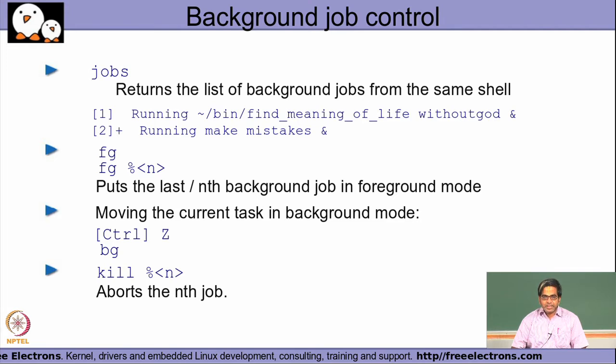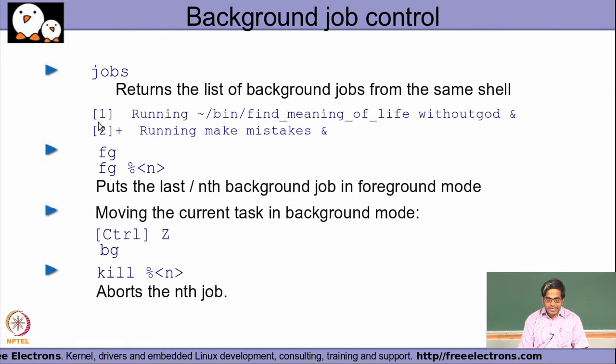If I want to bring any of those tasks to the foreground, I can use the fg command, where I say fg followed by the percent sign and the number. So, if I want to bring the second command to the foreground, I say fg %2, and that number matches what is printed in the output of my jobs command.